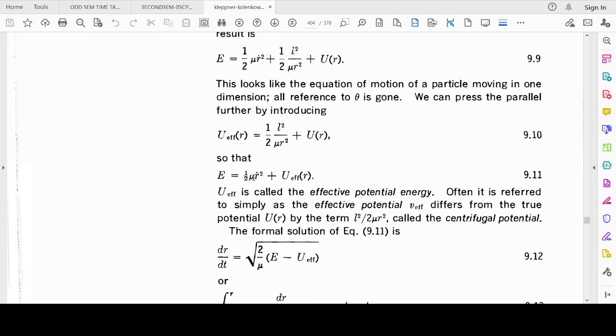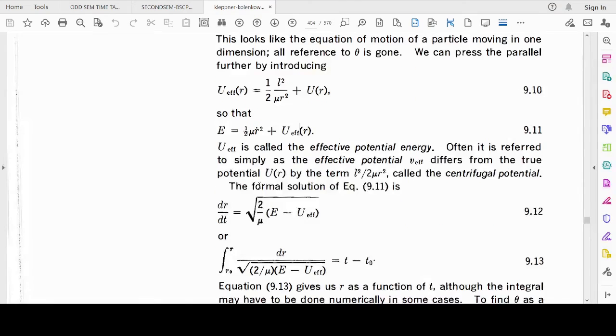So r dot will be the root of 2 by mu times E minus U. So dr by dt is equal to root of 2 by mu into E minus U effective. This U effective contains the actual potential energy and the centrifugal potential energy.